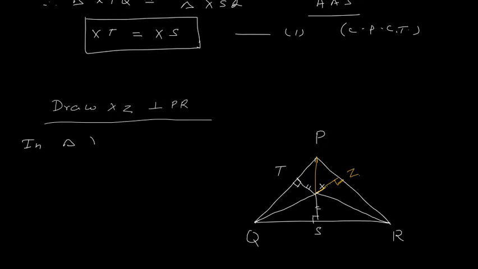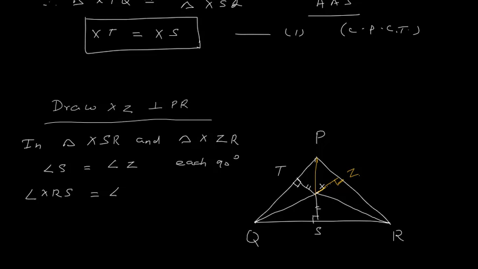I will say that in triangle XSR and in triangle XZR, you can see that angle S is equal to angle Z, as each is 90 degrees. Angle XRS is equal to angle XRZ, because XR is the bisector of angle R. The reason is XR bisects angle R. And finally we have XR common, XR is equal to XR.